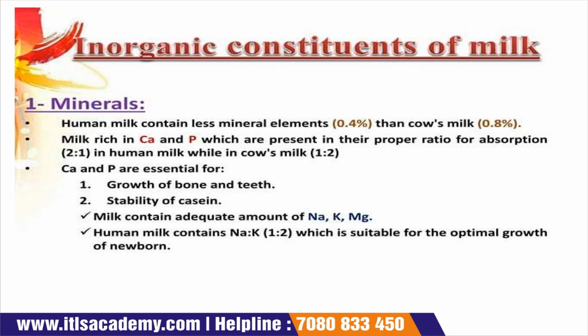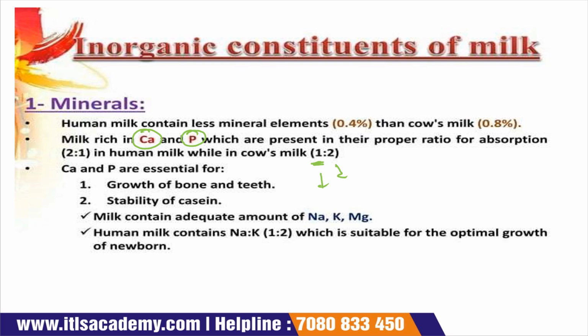Milk is rich in calcium and phosphorus, and it is present in the proper ratio for absorption, that is 2:1 in human milk, and in cow milk it is around 1:2. Suppose two portions of calcium are present, then the phosphorus will be present in one portion in human milk, and in cow milk 1% of calcium and 2% of phosphorus are present.